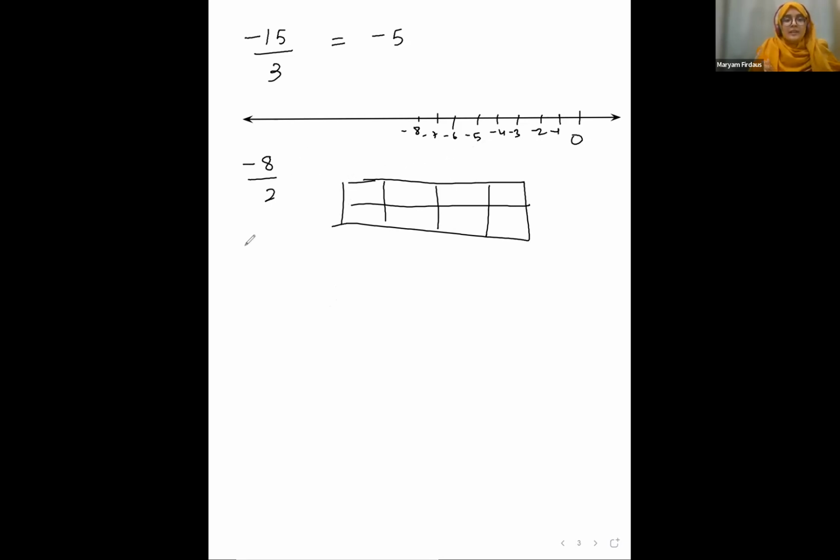I'm dividing that among 2 friends. So how many pieces will each friend get? 4. Right? So this is for one person and this is for another person.